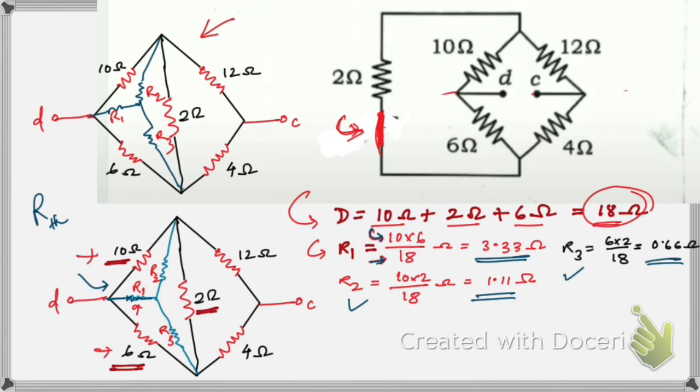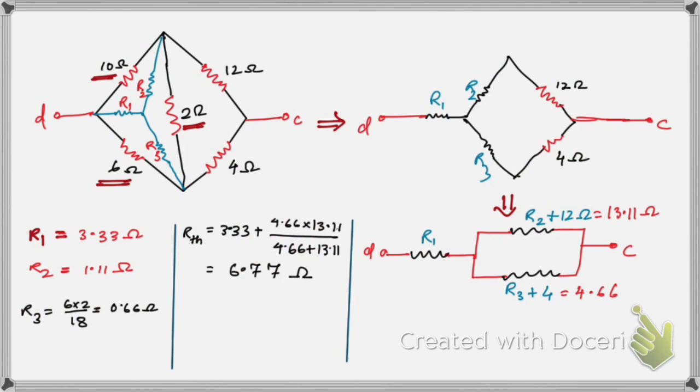Then let me go to the next slide. After getting R1, R2 and R3, I can convert this network into this form. Now it is simplified, right?